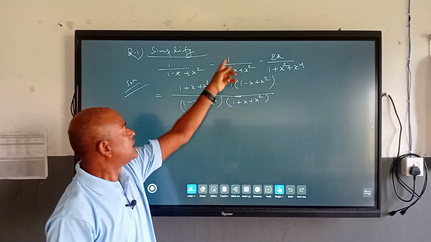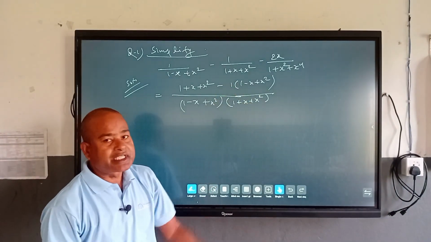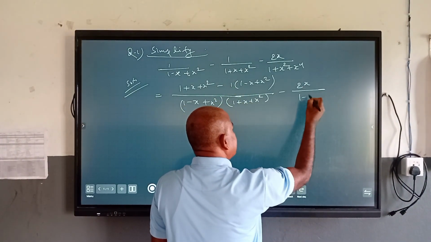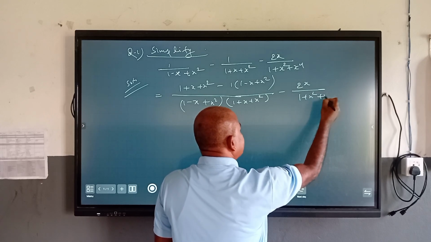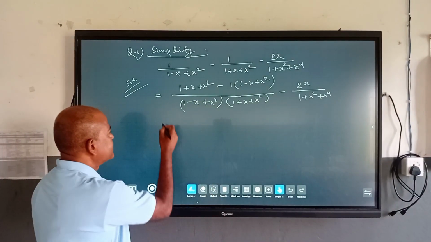Again minus 1 times 1 minus x plus x square. So we get this expression, and the third expression we will keep as it is, which is 2x over 1 plus x square plus x⁴.